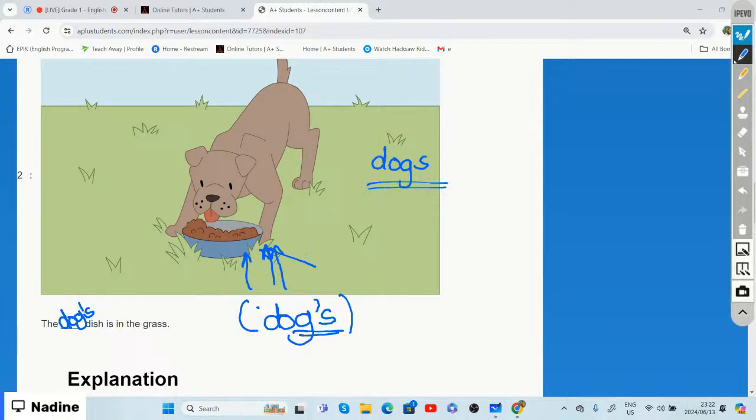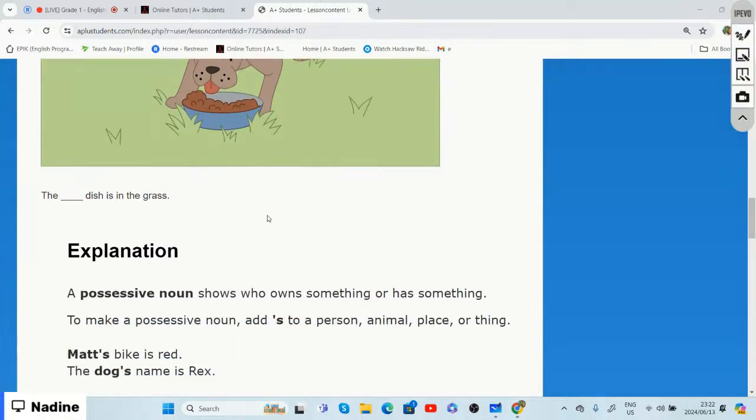But now if you want to show that someone or something belongs to someone or they own something, then we need to put an apostrophe and S. But we can say it is the dog's dish that's in the grass. So well done.